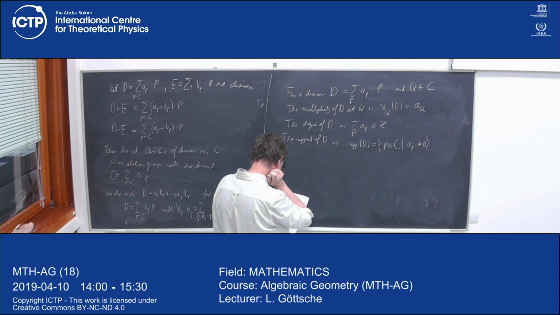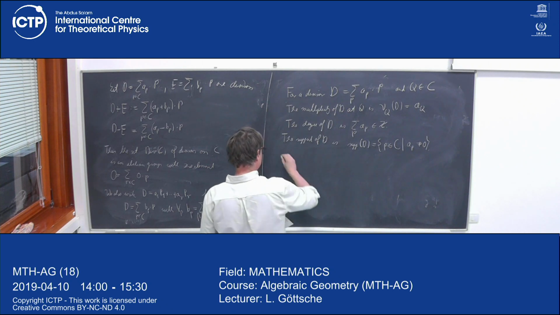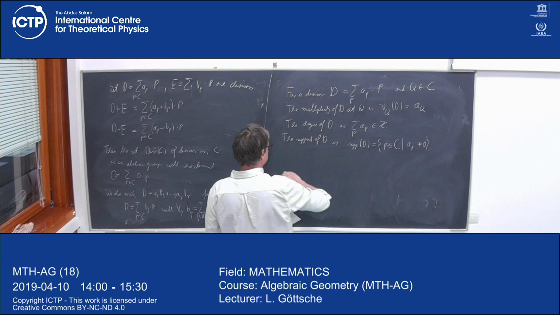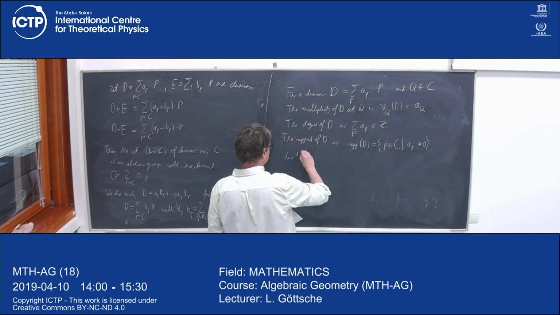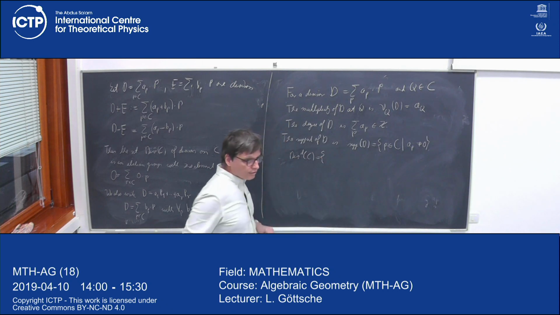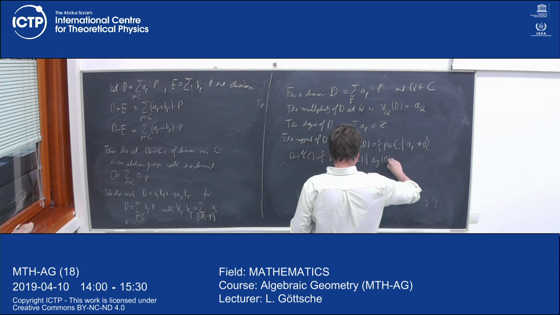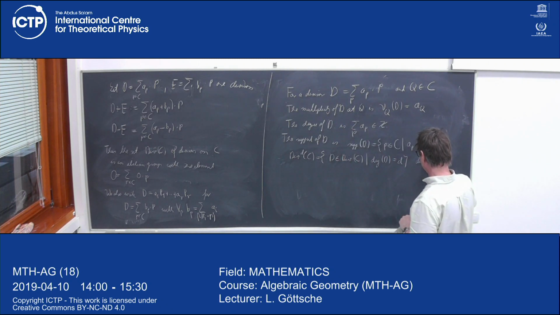And finally, we have this degree, so we define Div D of C to be the set of all divisors D on C such that the degree of D is equal to D. So this is the set of divisors of degree D.